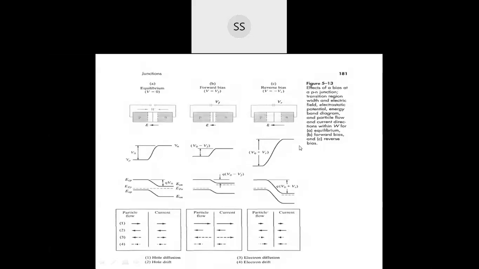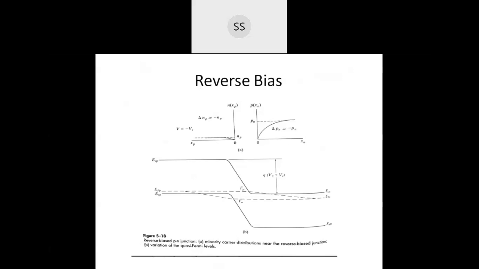Reverse bias here means whenever you are enlarging or enhancing the potential barrier between the p-type material and the n-type material, whenever you are increasing the space charge region width, that mode of operation is known as reverse bias, where the diffusion current is almost equal to 0.